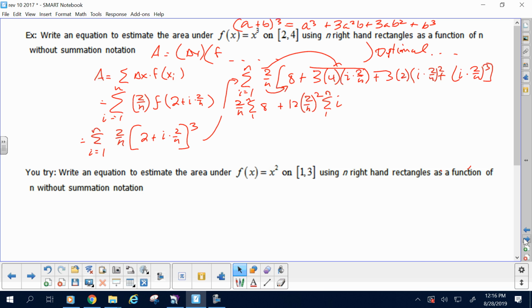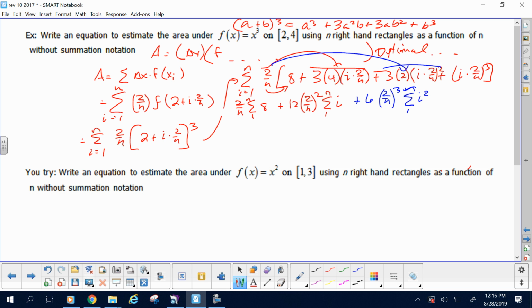And then here, what could I pull out? 6 plus 6, and how many 2 over n's? 1 there and 2 there, so 3 times the sum of a bunch of i squareds.